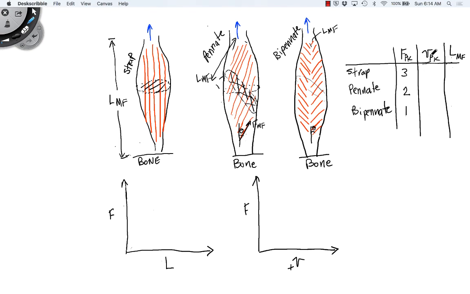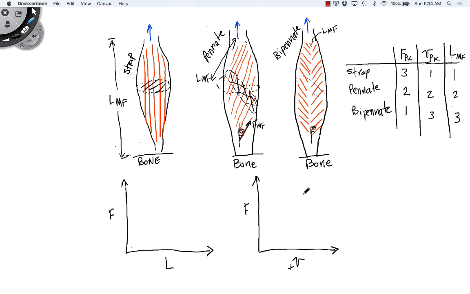The peak velocity of contraction came from the strap muscle, so that was first, pennate was second, bipinnate was third, and it was the same for length. The longest muscle was the strap, the second was the pennate, and third was the bipinnate muscle.